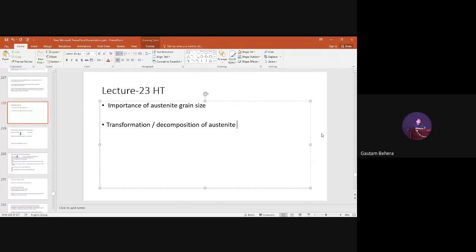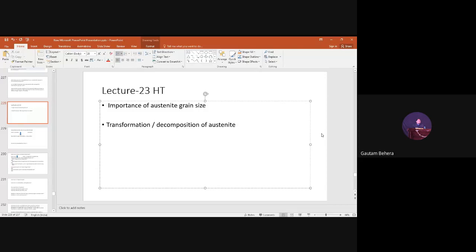Good afternoon, everyone. Today is lecture number 23 of this heat treatment class, and today's topic is the importance of austenite grain size and transformation or decomposition of austenite. We started a topic in the previous lecture about austenite, where we discussed the formation of austenite.